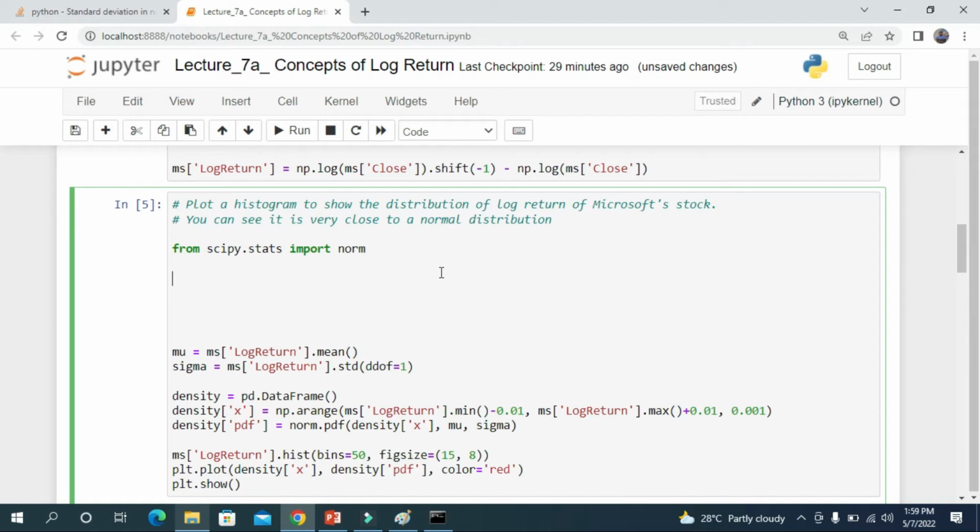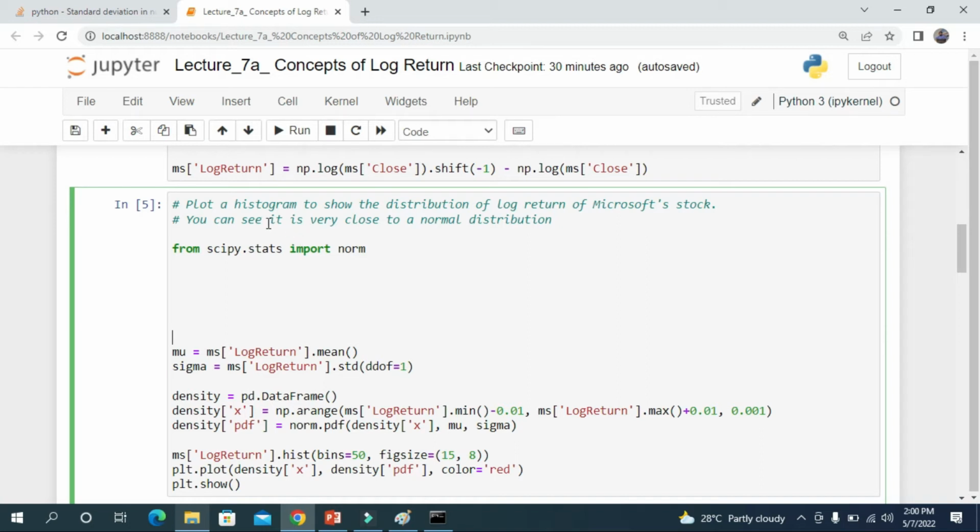I will explain it in a very clear way, but before this I want to tell you why I am doing it. Because I want to calculate whether the drop of the share is how much percent. It is 5%, it is 10%, but it can only be done if the log return is close to the normal distribution.